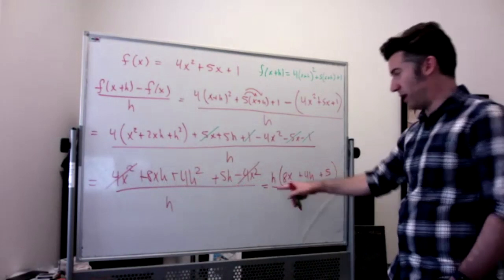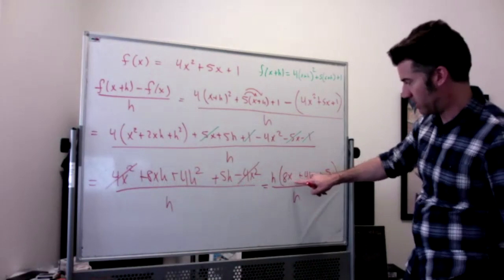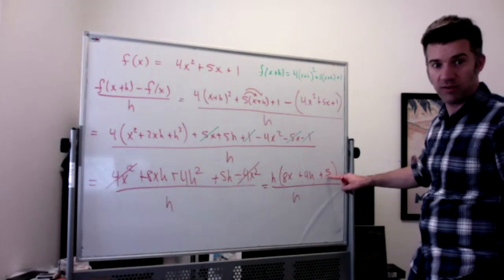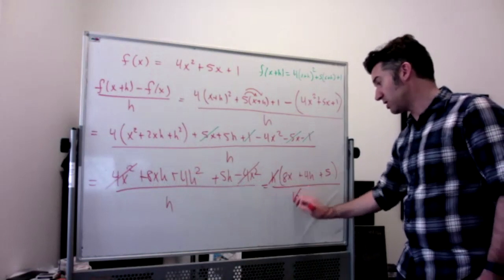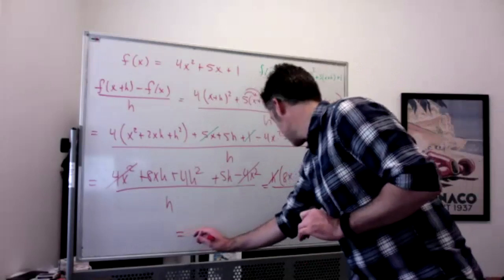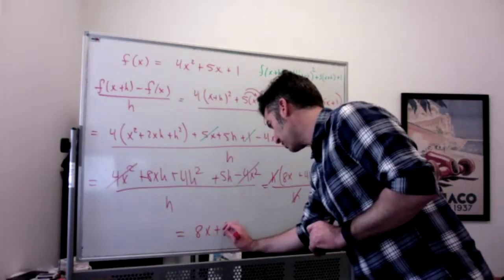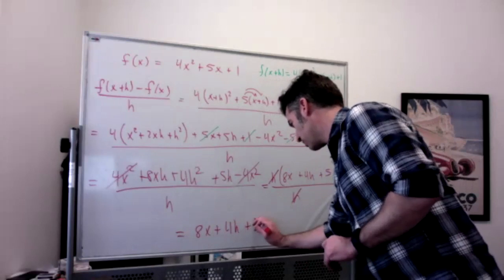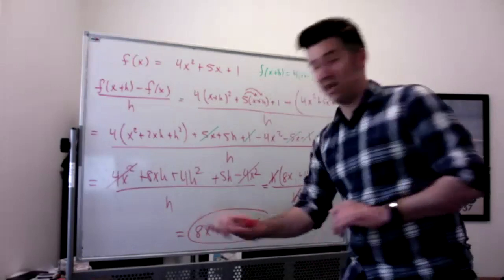Because if I distributed that h back through, I'd have 8xh plus 4h squared plus 5h. Cancel these h's, and my final answer for the difference quotient is 8x plus 4h plus 5. And that's my final answer.